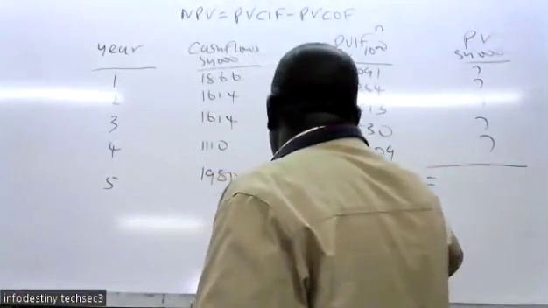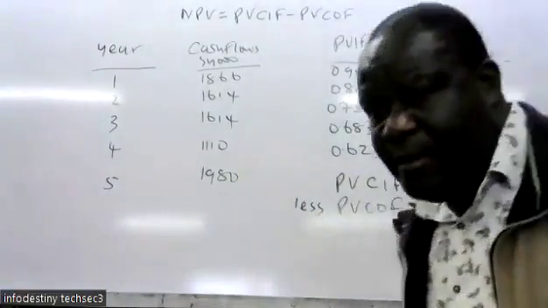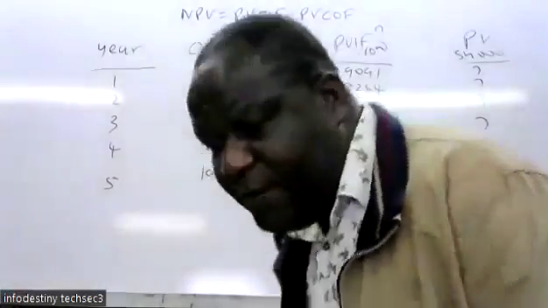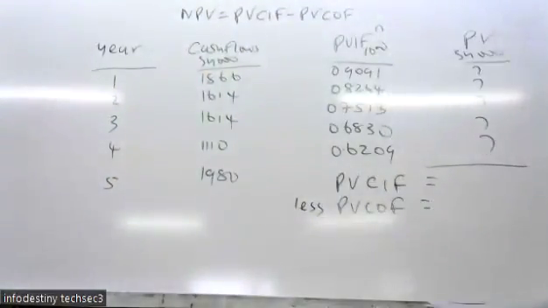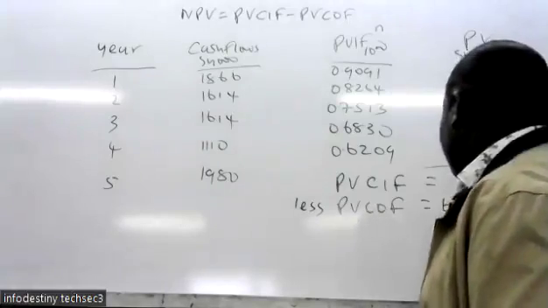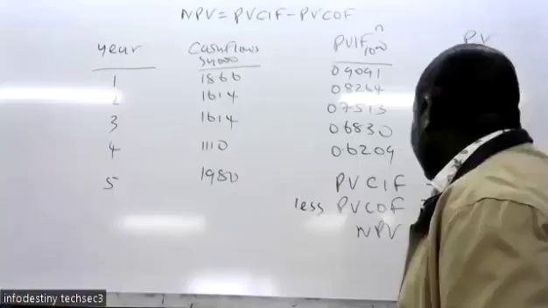Then we minus the present value for the cash outflows. Remember, present value for the cash outflow is your initial cost. And remember, it was how much? 6 million. So you'll be subtracting the 6 millions so that you get the NPV.